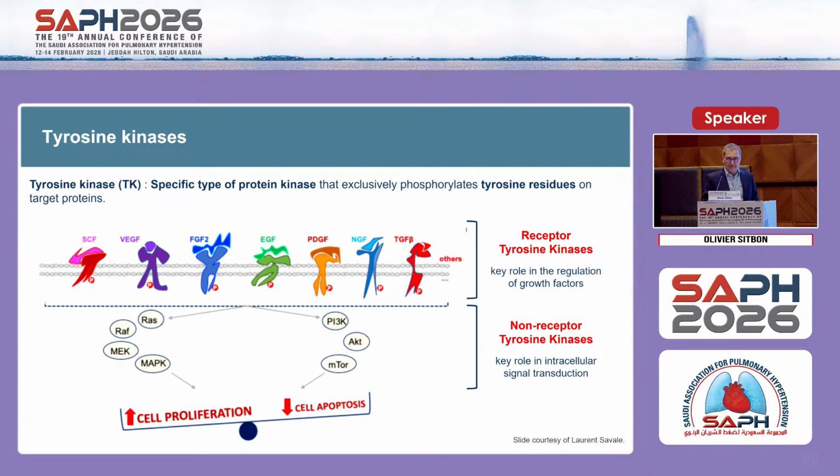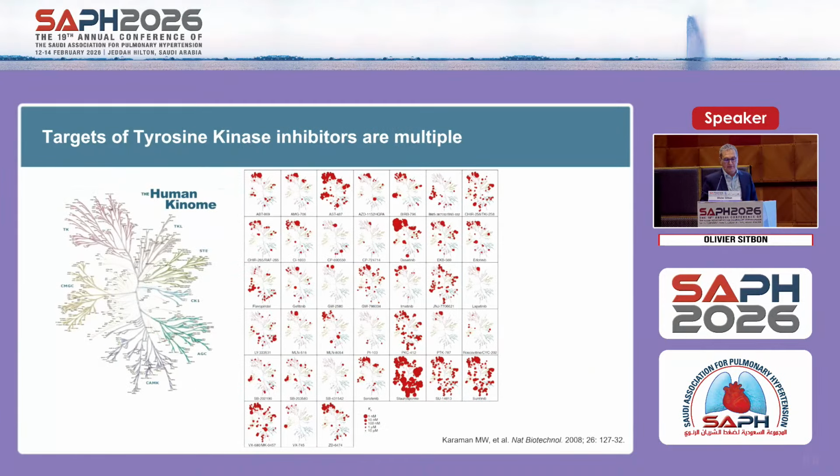By phosphorylation of those proteins, this can induce an increase in cell proliferation and a decrease in apoptosis. So it is a very good potential target, of course, for many diseases, not only for cancers, but also for pulmonary hypertension.